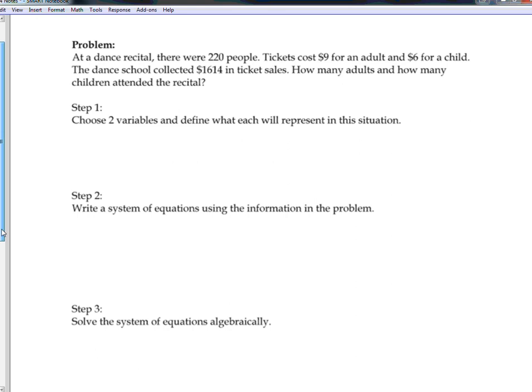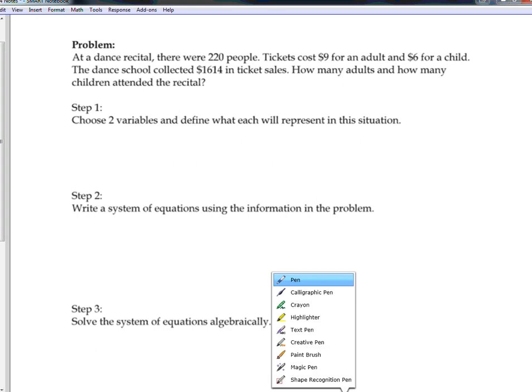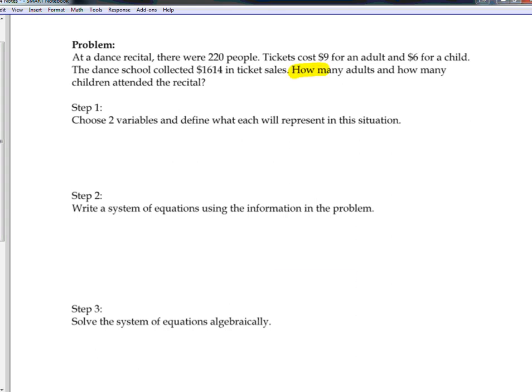How many adults and how many students? So the first thing you have to do is choose your variables. Now your variables are hidden inside the question. The question is what? How many adults and how many children? Those are my variables. That's what I'm looking for. So the number of adults we can call what variable? Can we use A?